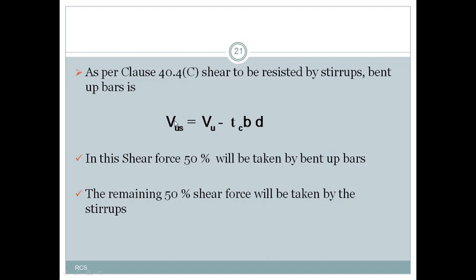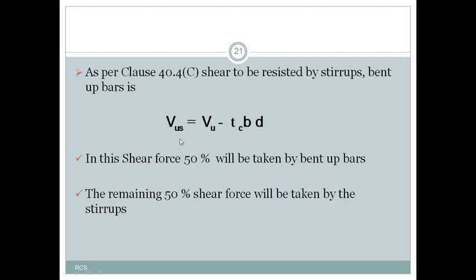Right. After calculating this VUS value, you have to design the shear reinforcement either only for vertical stirrups, or inclined stirrups, or a combination of bent up bar along with the vertical stirrup. Suppose you are designing for a combination of bent up bars and stirrups. In this case, 50% will be taken by the bent up bars, and the remaining 50% will be taken by the stirrups.